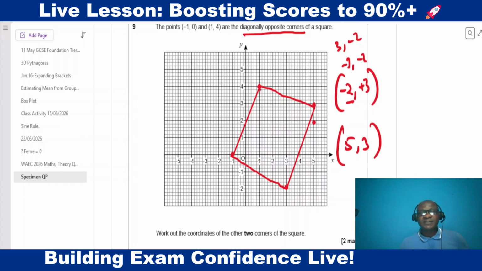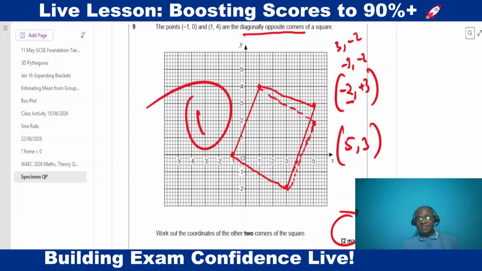If you trace down to this place, and then you trace down to this place, that is when you get it right. Okay, I'm going to give you 1 mark here. It has 2 marks, I'll give you 1.